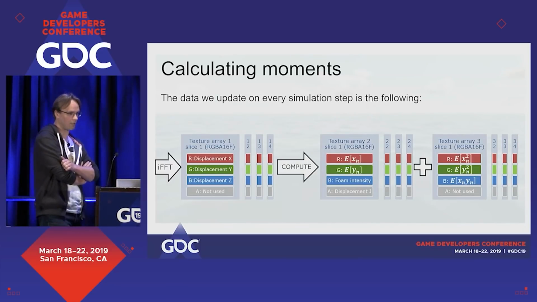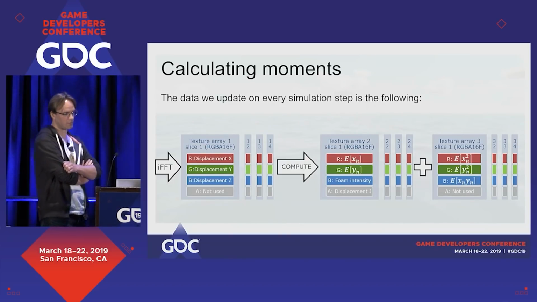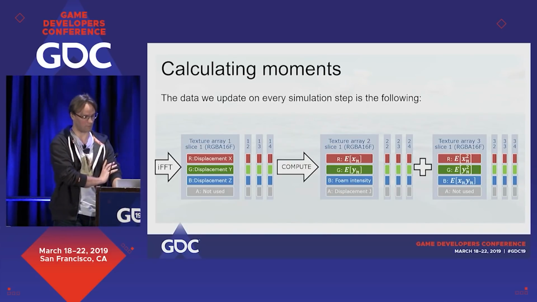We get our displacement textures in the first texture array, which has 4 slices because we have 4 frequency bands. We store those displacements in RGB channels of those slices. Then, using compute shaders, we get the first order moments and store them to another texture array. And then the second order moments are stored in the third texture array. And the free channels in those texture arrays we use to store the foam intensity, displacement, Jacobian, and other things. I'll talk about those a little later.